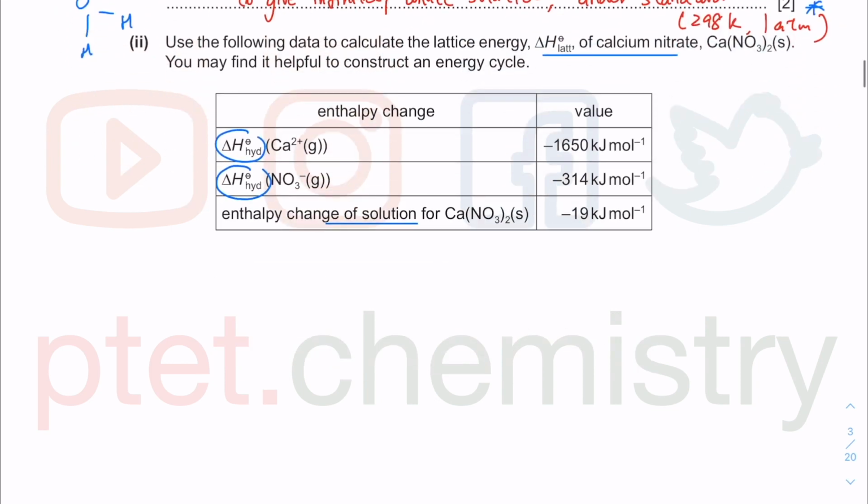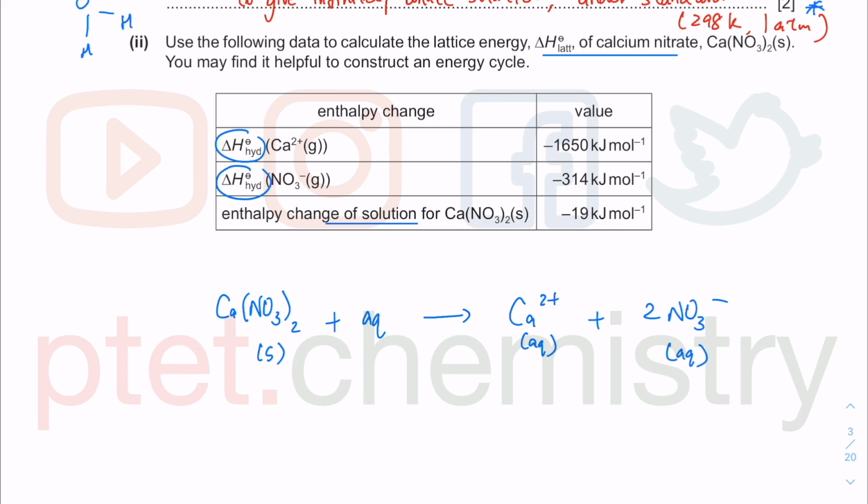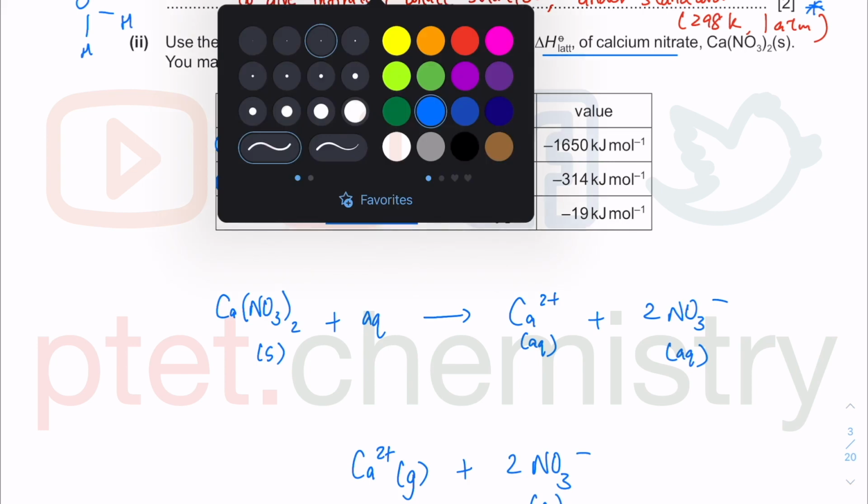So what do we have if we write one equation for the enthalpy of solution? So this is a solid plus aqueous, and when you dissolve in water, all nitrates are soluble in water. You know that all nitrates are soluble from solubility rules back when you were doing much simpler chemistry. I'm going to relate this to gaseous ions because there's the relationship with the hydration enthalpy definition.